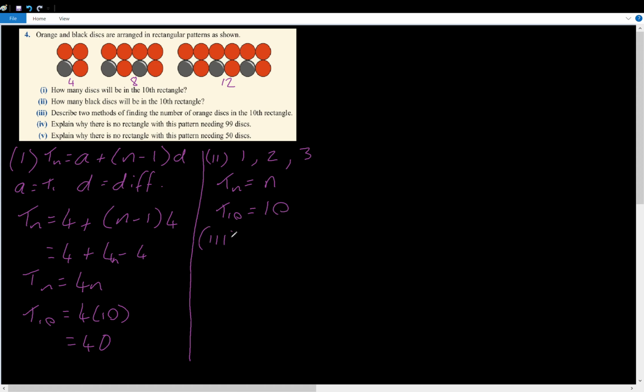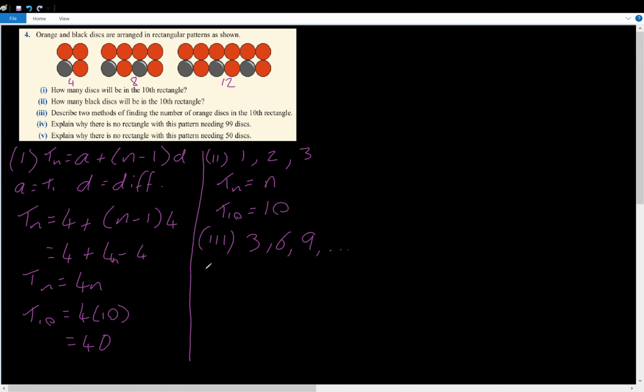Now, for part 3, we're asked to describe two methods of finding the number of orange discs in the 10th rectangle. What we can do is find the general term for the number of orange discs in each rectangle, in which case there's 3 in pattern number 1, there's 6 in pattern number 2, there's 9 in pattern number 3, and so on.